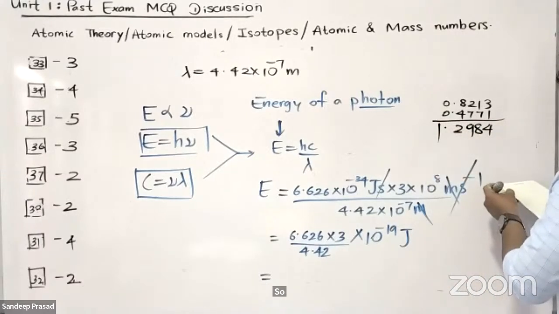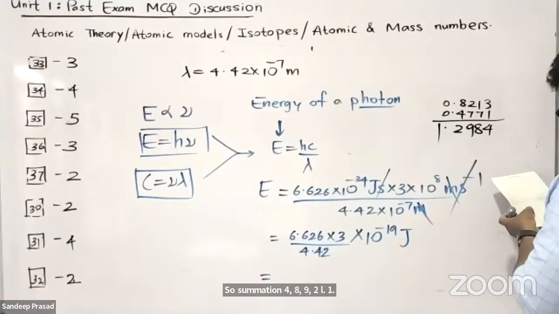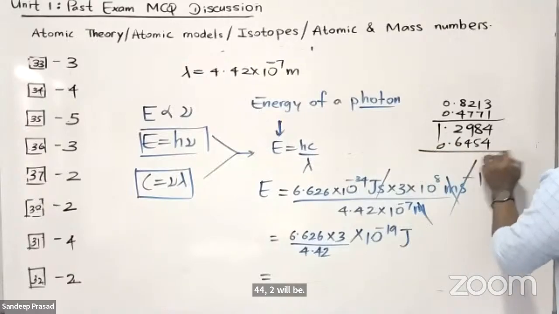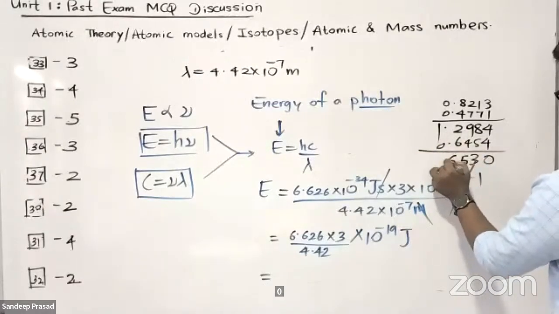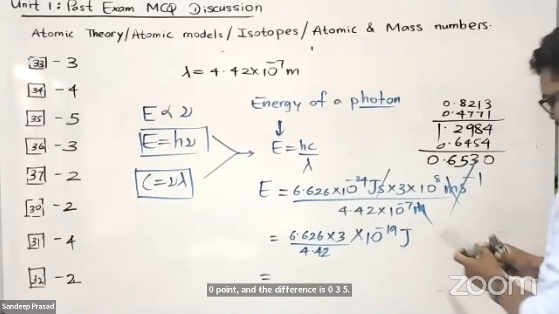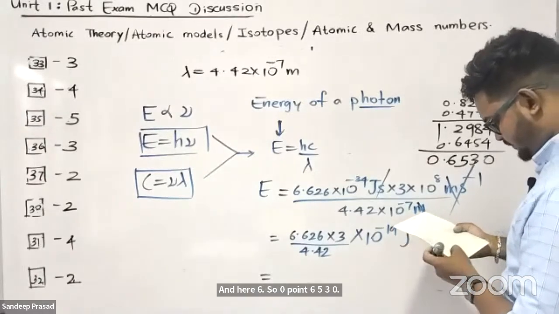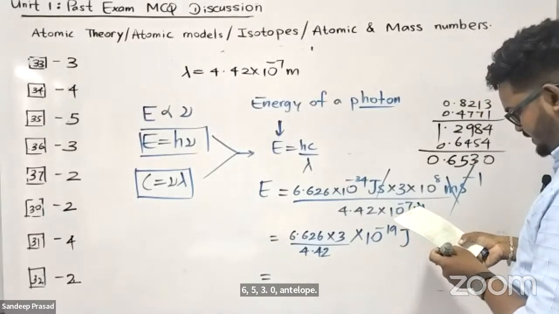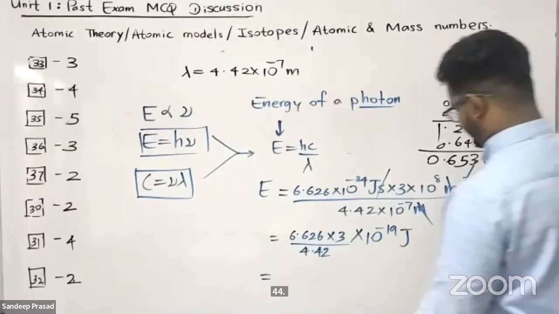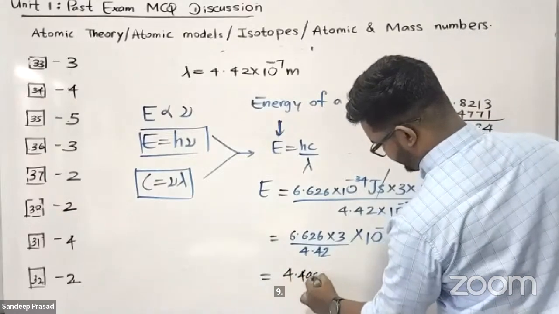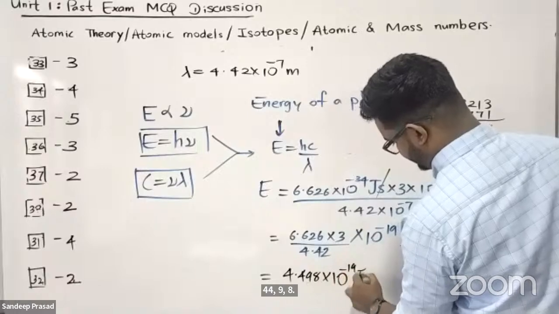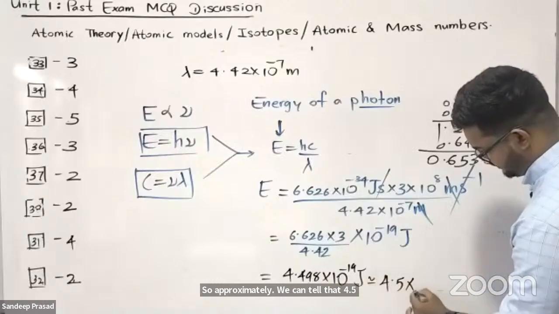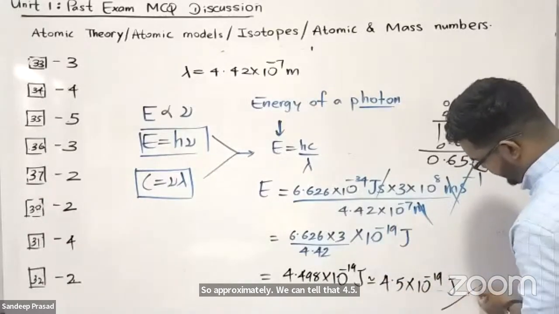And the log value for 4.42 is 0.6454. The difference is 0.6530. The antilog of 0.6530 is 4.498, times 10^-19 joules. So approximately we can say that 4.5 × 10^-19 joules will be the correct answer for this one.